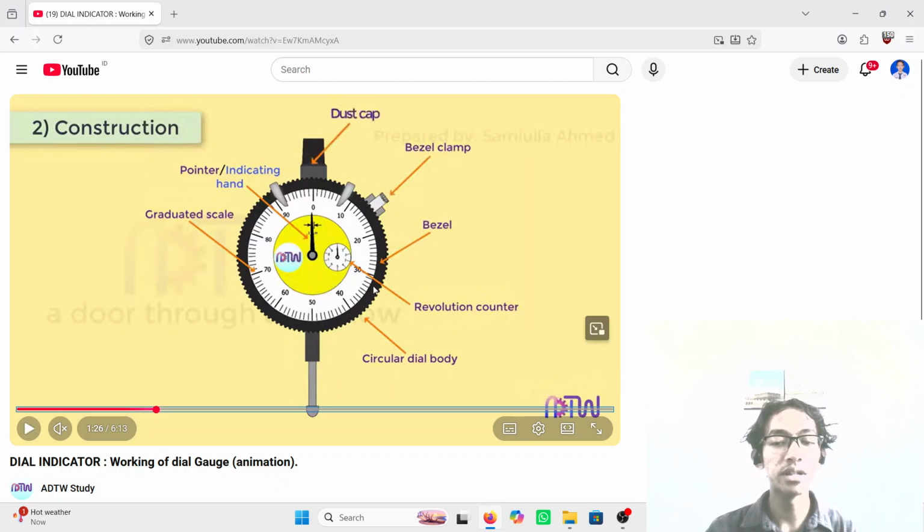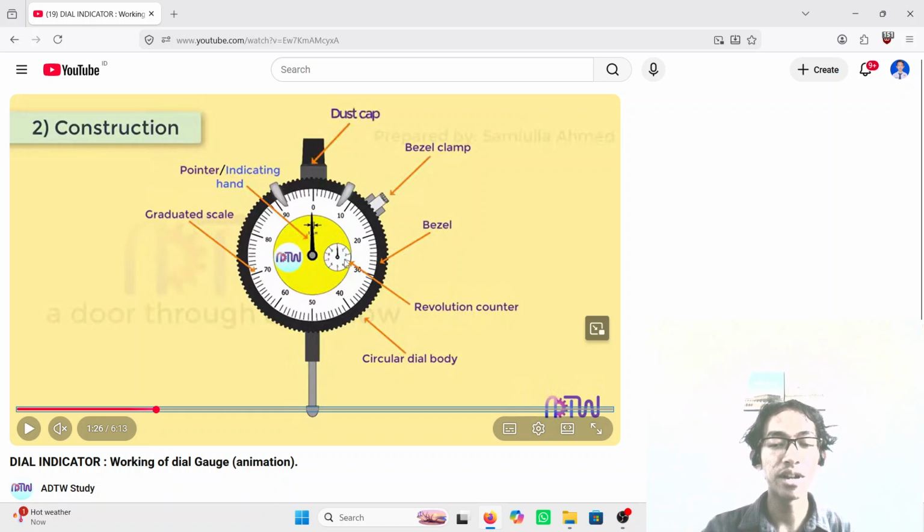The external components, from the front view: we can see there is a circular dial body, which is the main outer casing holding the dial. There is the pointer, the main hand indicating the current measurement. There is a graduated scale, that is the numbered markings on the dial face, and there is a revolution counter.